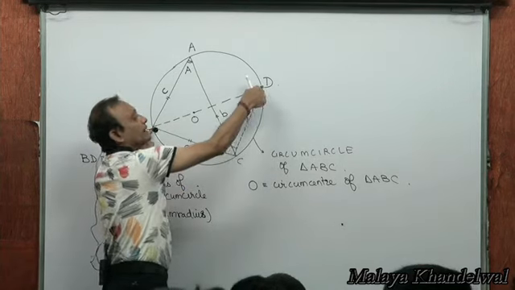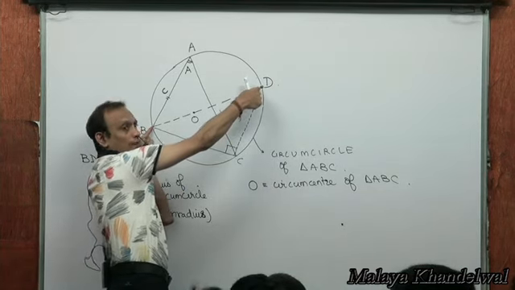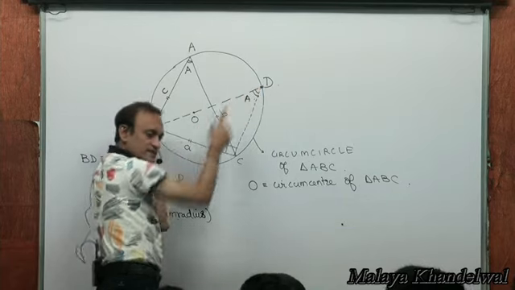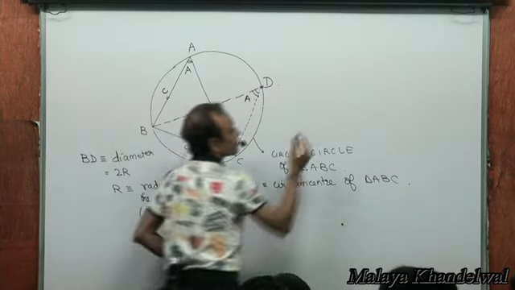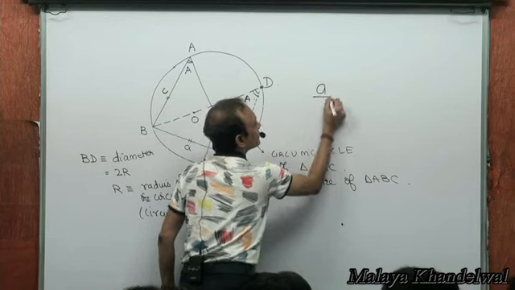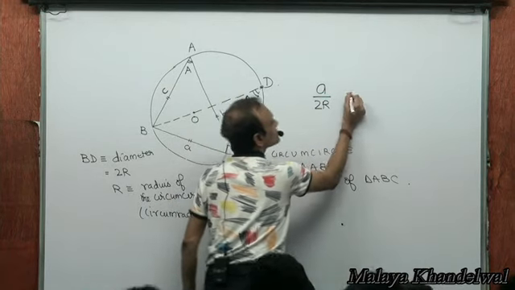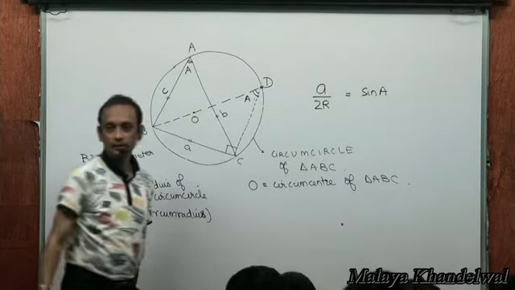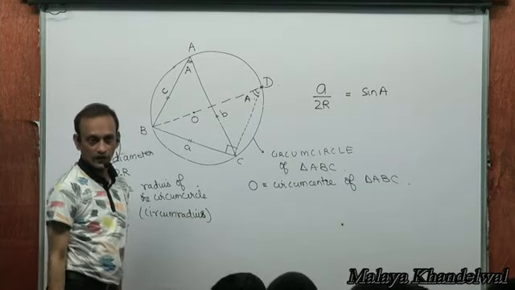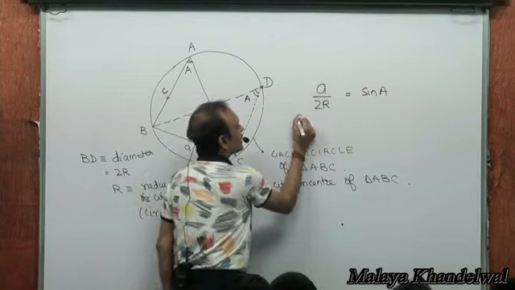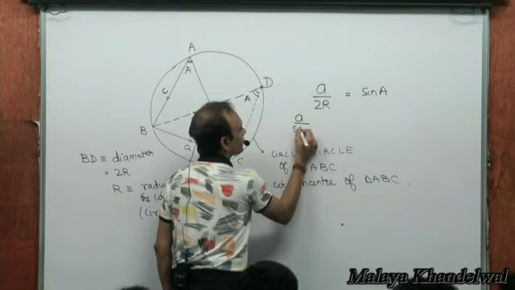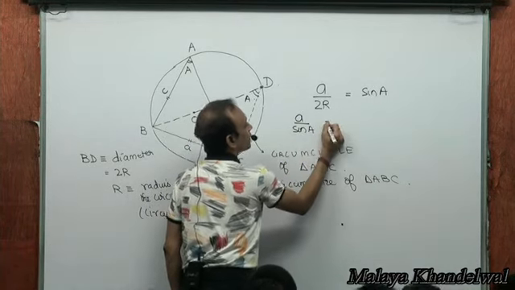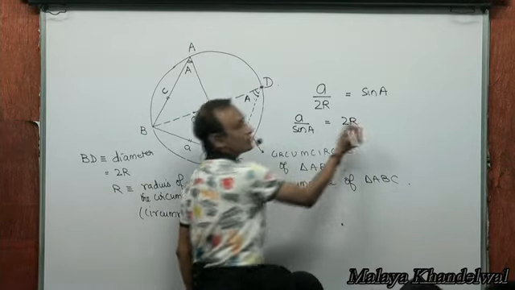So small a by 2R, where BD is 2R, is sine A, isn't it? This means a by sine A is 2R.